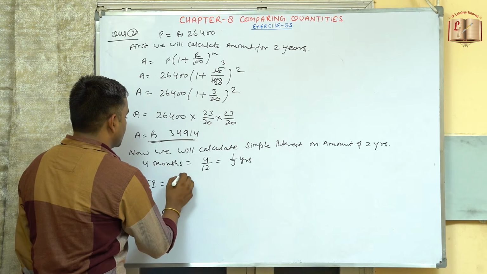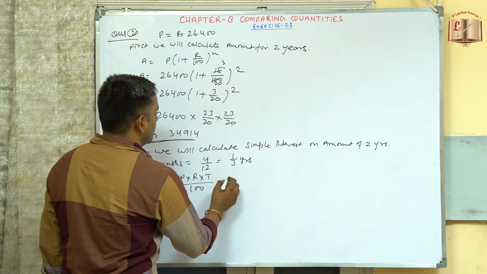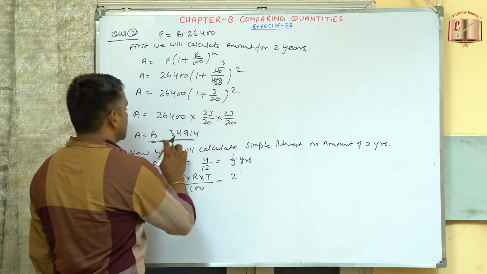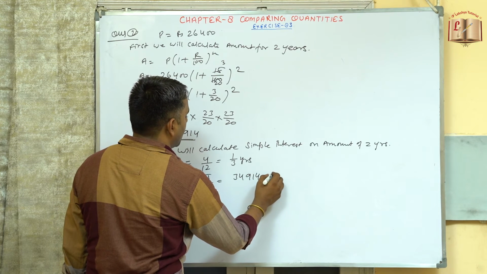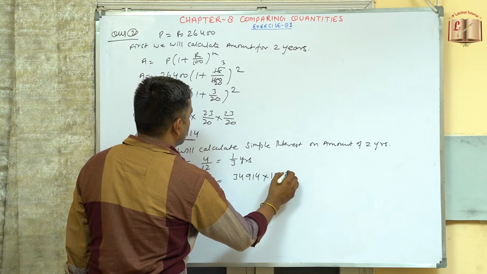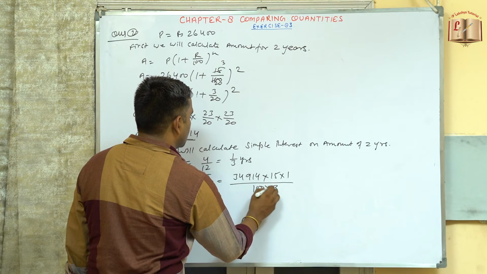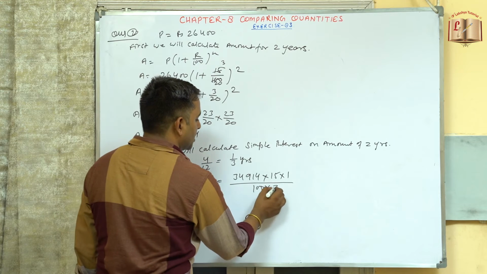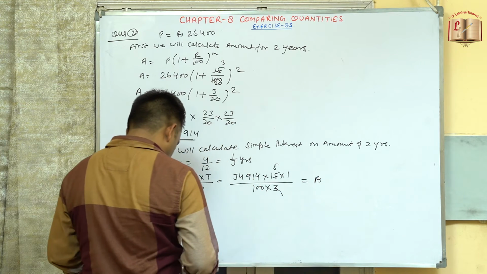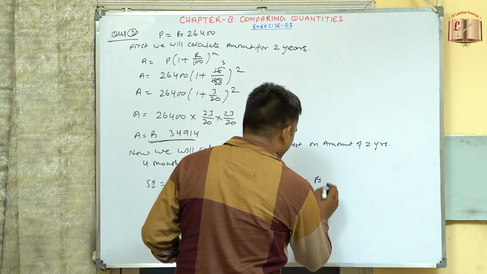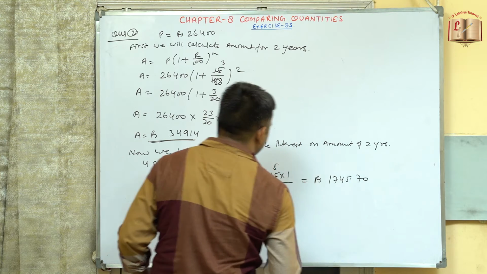So SI will be equal to P into R into T by 100. So the principal is now 34,914 into R, 15, into time, which is 1 by 3 years, over 100. So on calculation, for 4 months it will be 1745.70 rupees.